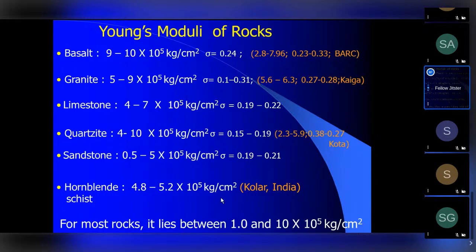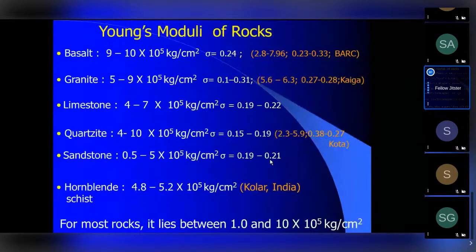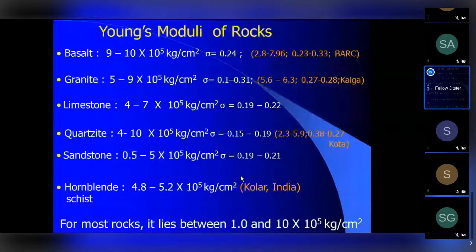Sandstone, you can see, is relatively less, 0.5 to 5. So these are the different Young's modulus values of the rock, and I told you the larger the E value, the greater is the strength of the rock and the less is the deformation, like basalt or granite. Unlike sandstone, which is 0.5, so obviously it has less stress-strain. At the bottom it is written for most rock, whatever it is. You don't have to worry about that.